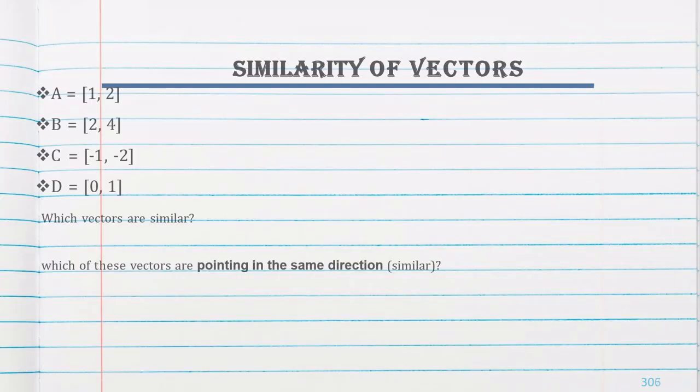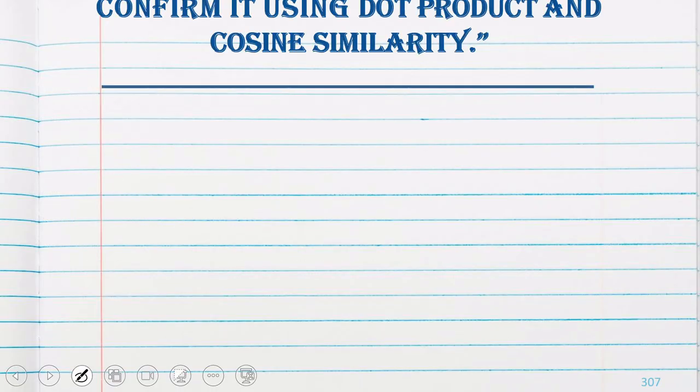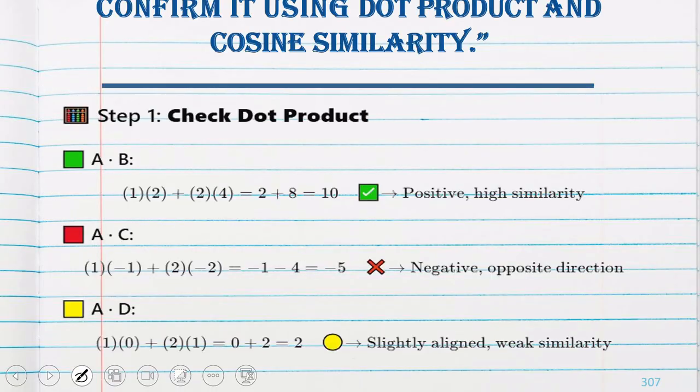So another question. Which of these vectors are pointing in the same direction? So confirming it using dot product and cosine similarity. The first step is you can check the dot product. A dot B is positive, which means high similarity.